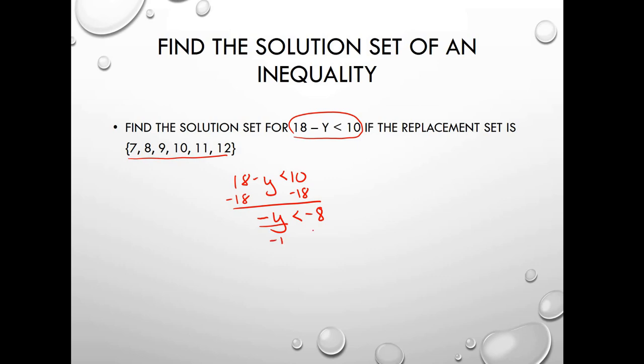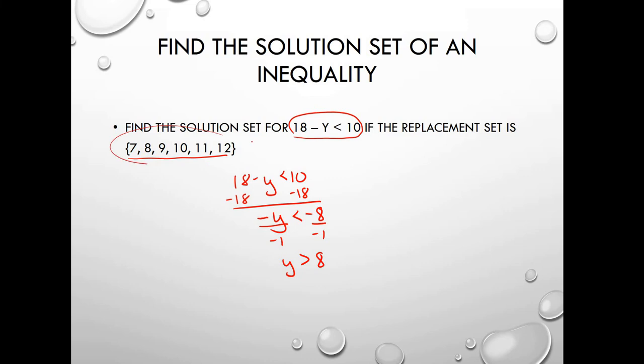Remember, if I divide or multiply by a negative number, I have to change the inequality. So y is greater than 8 is the solution for this inequality if I am not restricted to a replacement set. In other words, I could just leave this as my answer, and anything greater than 8 would work.